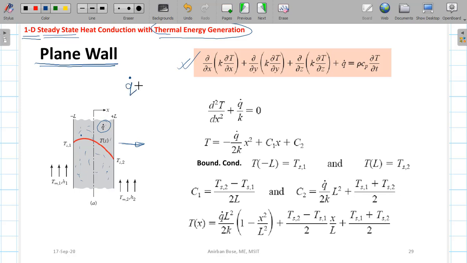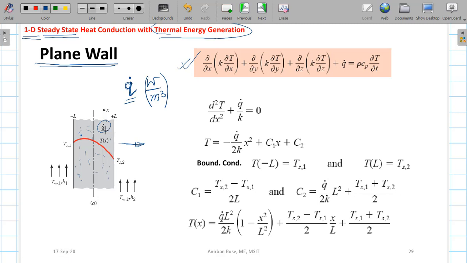Remember, this q dot is the energy generated in watts per unit volume. This is the unit of q dot. It is called the volumetric heat generation rate.